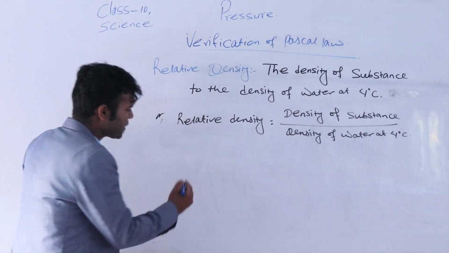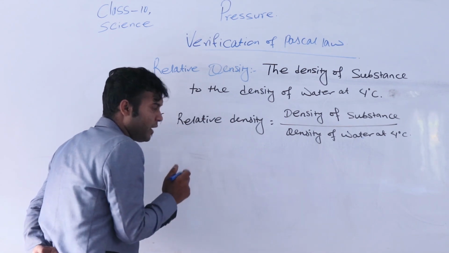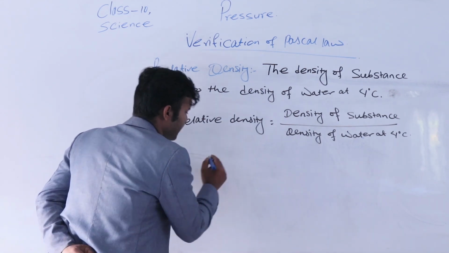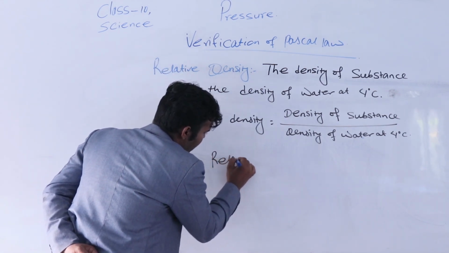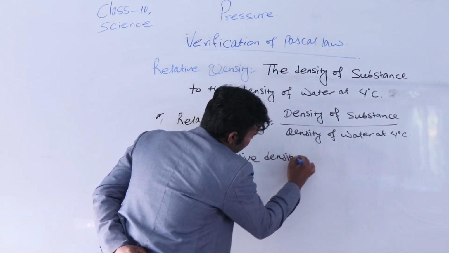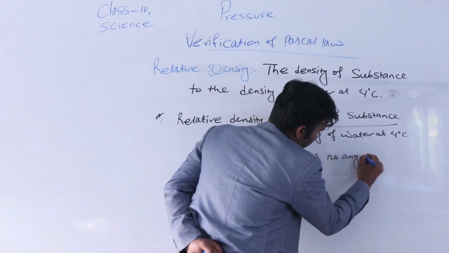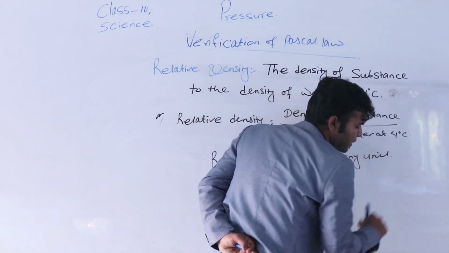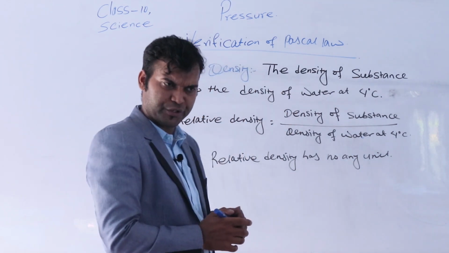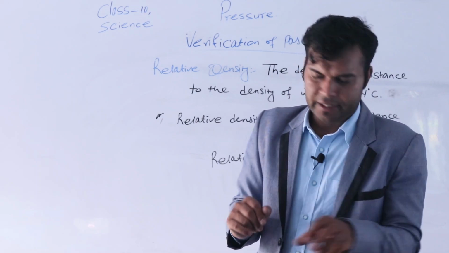Okay. The SI unit of density... there is no unit for relative density, because it is the simple ratio. Okay, student?